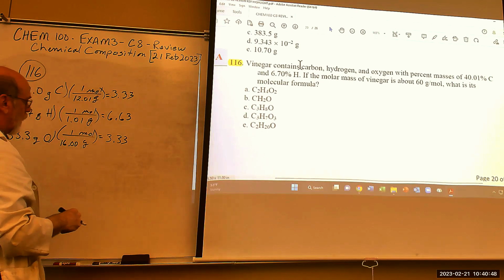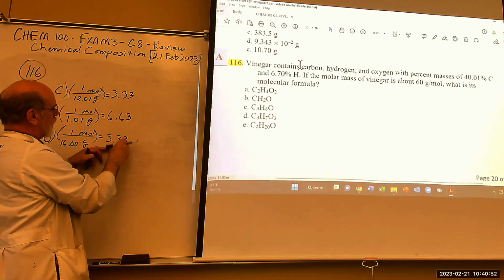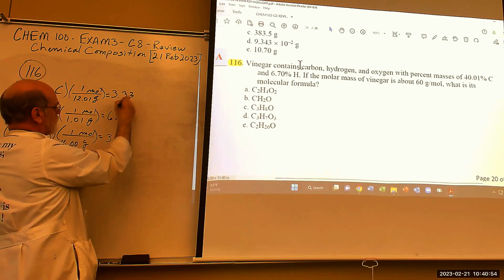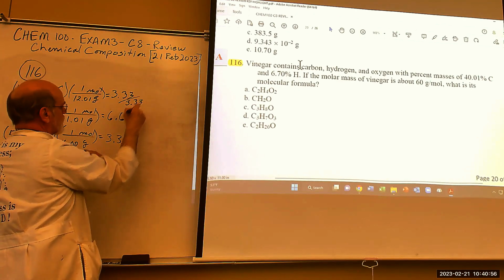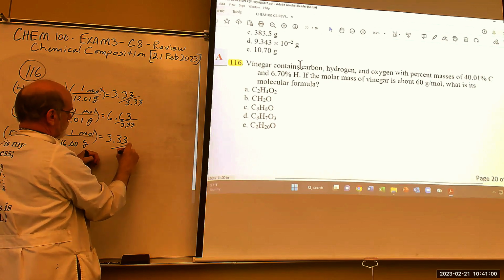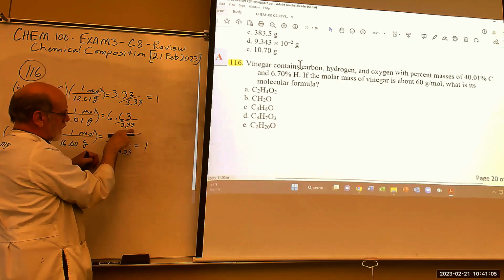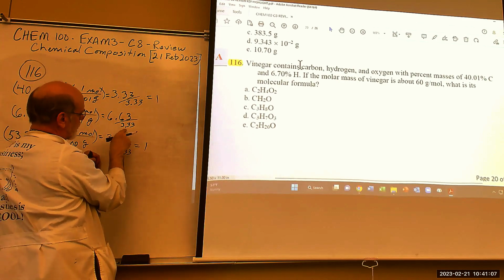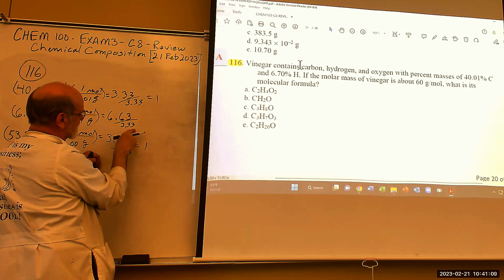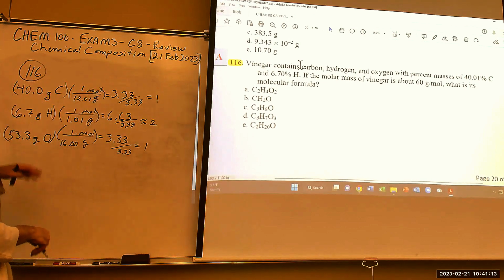Right? Normally what we would do is take the smallest one, which is both of these. This would be 1, and this would be 2. Right? So you divide them through by 3.33. These obviously would be 1. And this one is very close to 1. Right? It'd be 6.66. It's approximately 2. Right? So there's our empirical ratio.